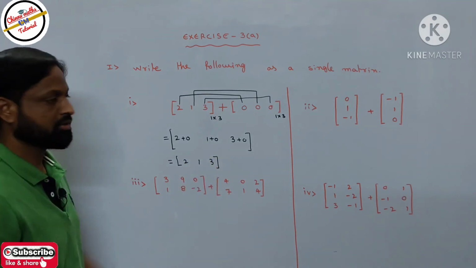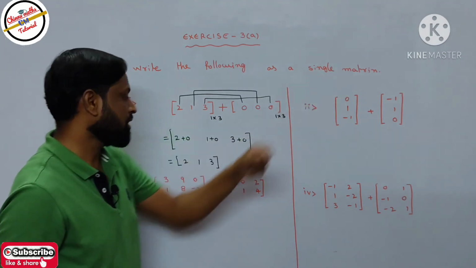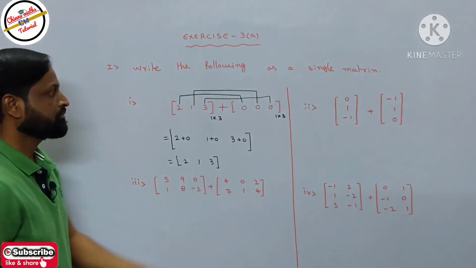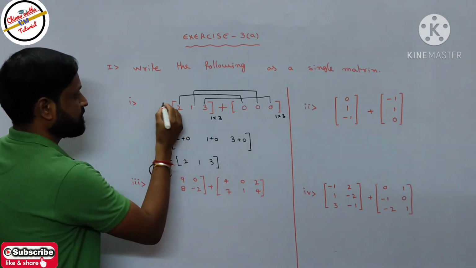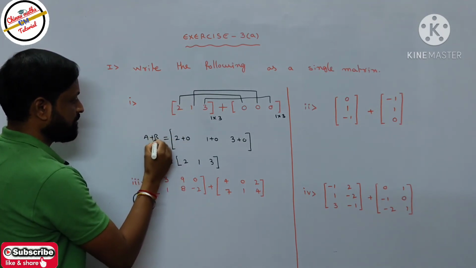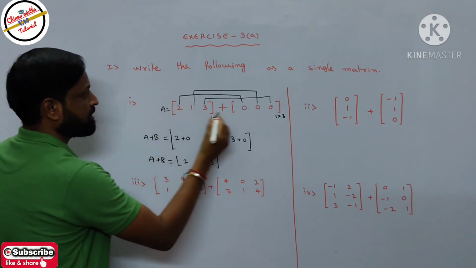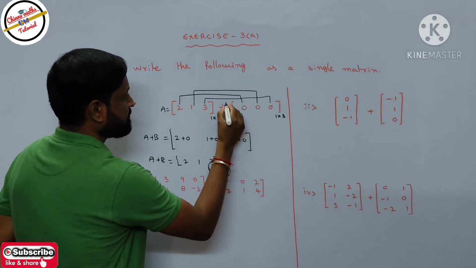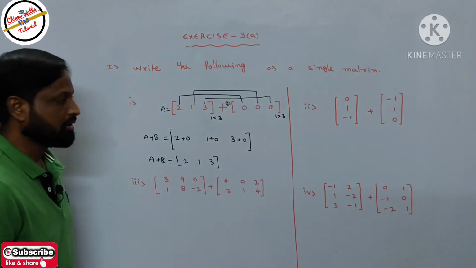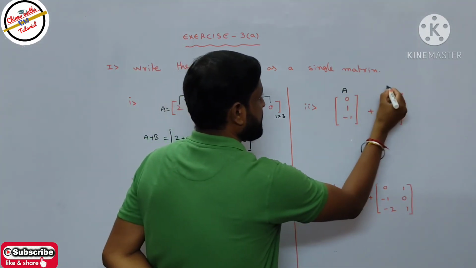This is the addition of the two matrices written as a single matrix. Suppose I take A plus B, with the first named A and the second named B.